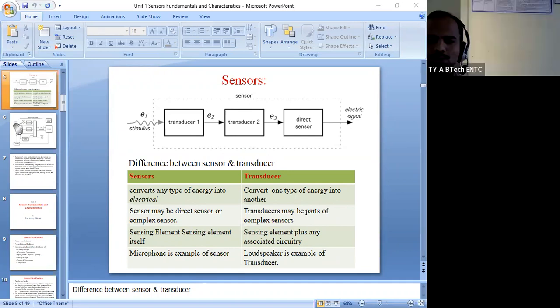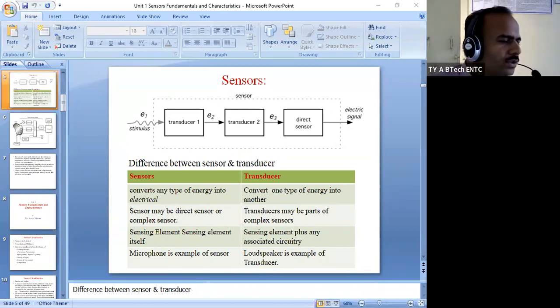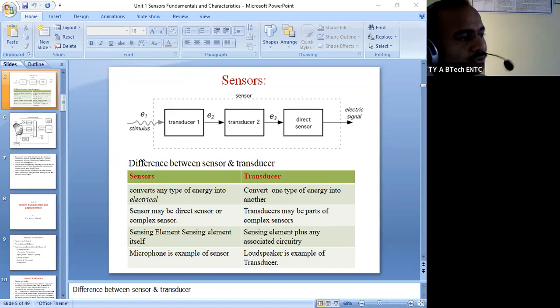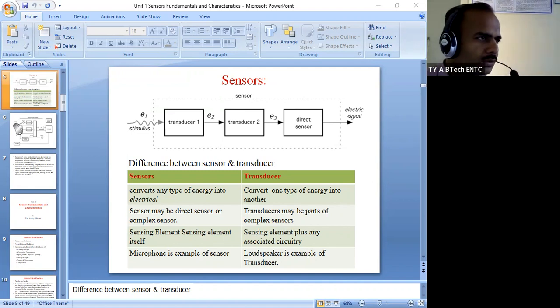Till last lecture, we have discussed the difference between sensor and transducers. Sensors and transducers do not differ by the principle of working. They differ in output generation capacity.